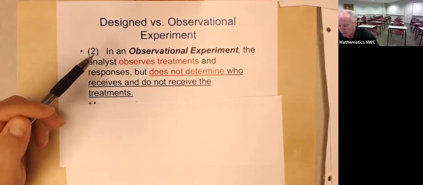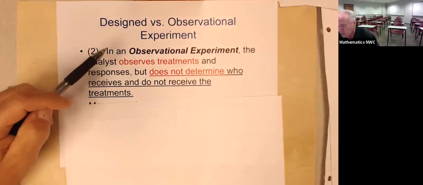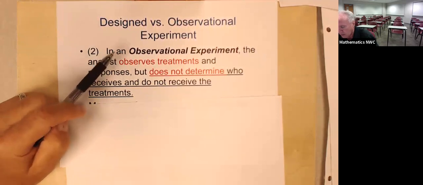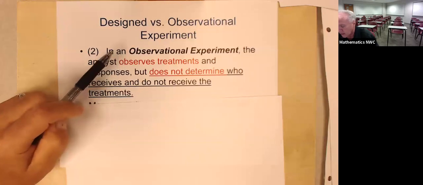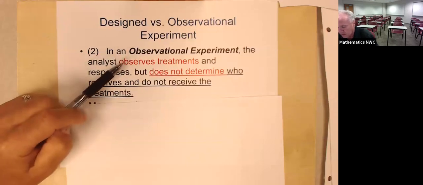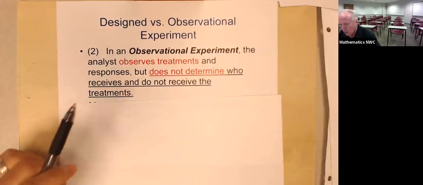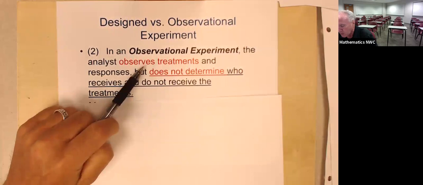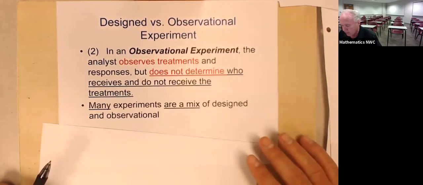Maybe, for example, smoking. People that smoke chose to smoke on their own. We did not assign them to smoke. We observe the results of smoking over 5 years, 10 years, or 40 years. That's what's obviously been shown to cause cancer. But that would be an example of an observational study. We do not force one group to get a certain treatment, get a drug, or whatever the treatment might be. We just observe people that have or have not gotten that variable.